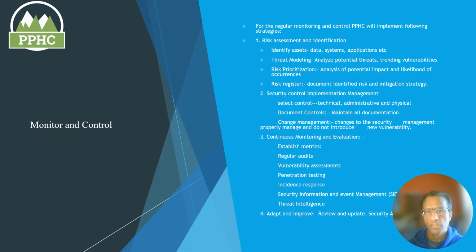The risk register will document everything: identified risks and the mitigating strategy. Security control implementation management: select controls, technical, administrative, and physical, and document controls, maintaining all the documentation. Change management: changes to the security management are properly managed and do not introduce new vulnerabilities into the system.